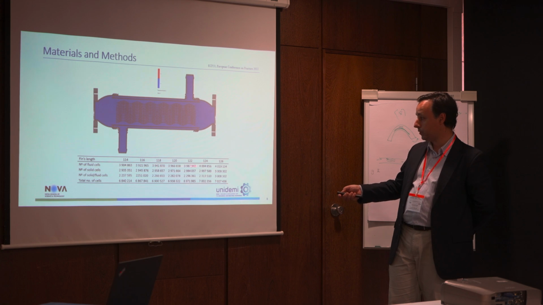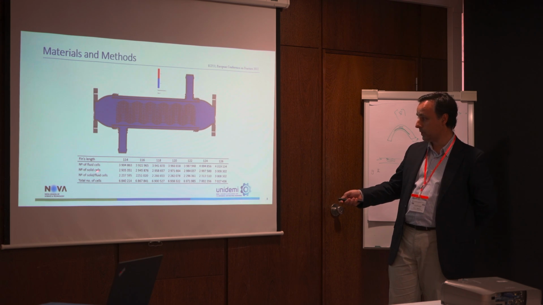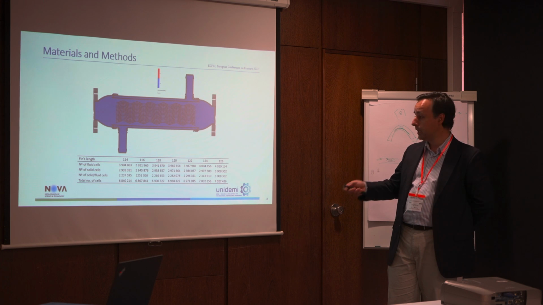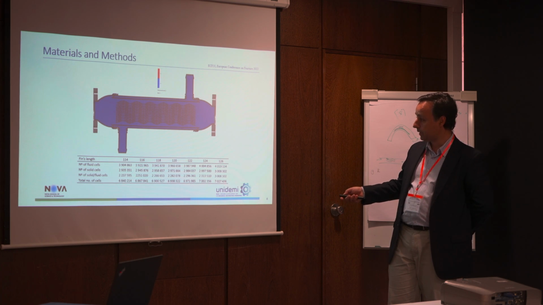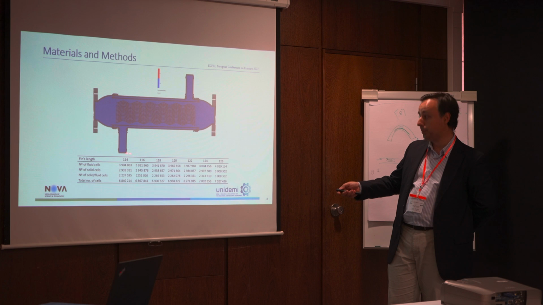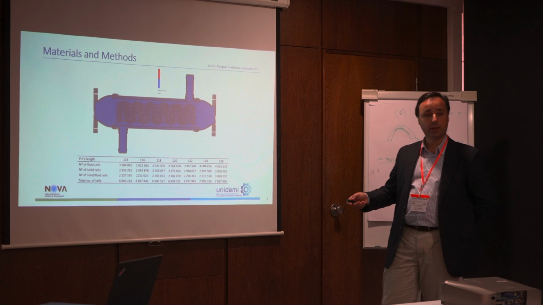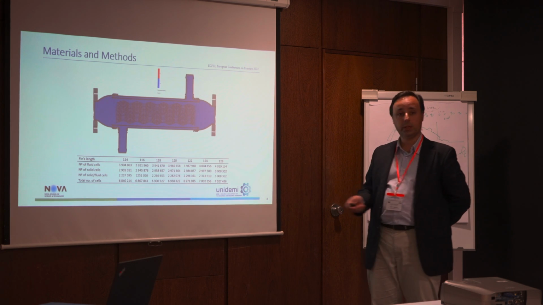Here we have the numbers for the fluid cells, for the solid cells, for the boundary layers in between the solids and the fluid, and the total number of cells, which varies depending on the fin's length, increasing from 6.8 million to 7 million, more or less, in this analysis.